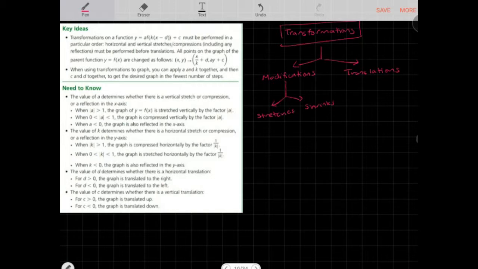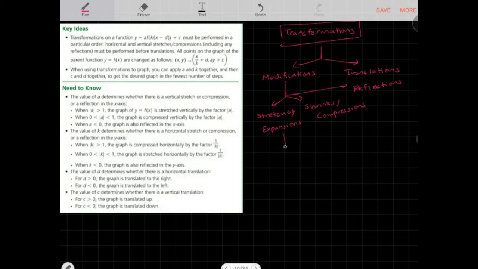You can also call stretches expansions, and shrinks compressions. And there's another group of modifications, which are called reflections.